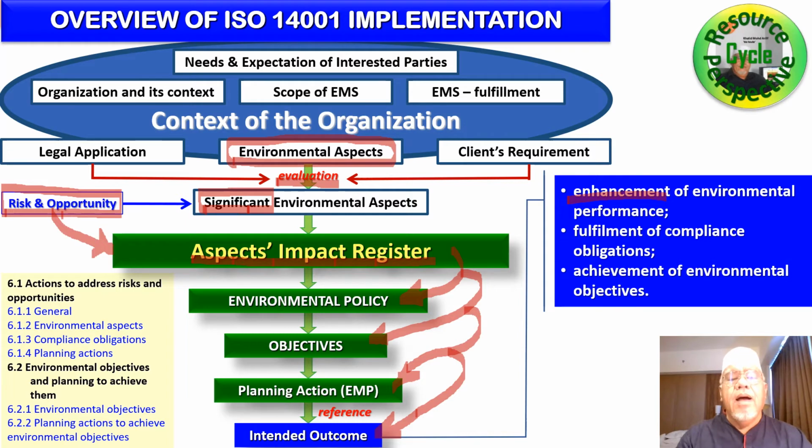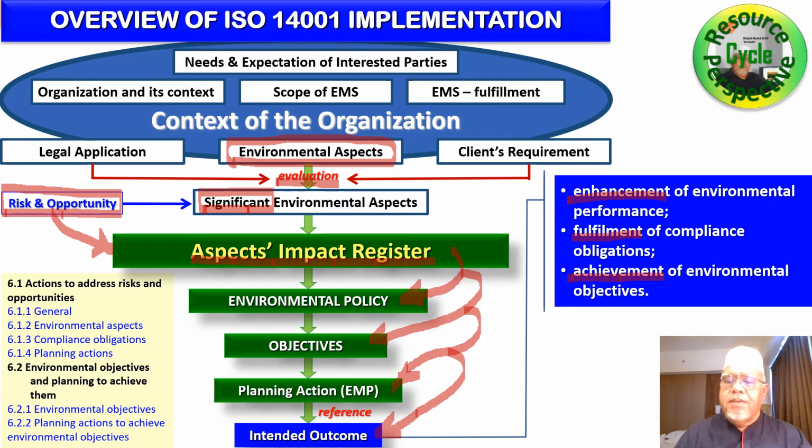An intended outcome based on this new standard is about fulfilling compliance obligations. It has got to be reflected in the policy, in the objective, in the target, and also in the environmental management program. And also, the intended outcome is absolutely about achieving environmental objectives. I hope that is clear.